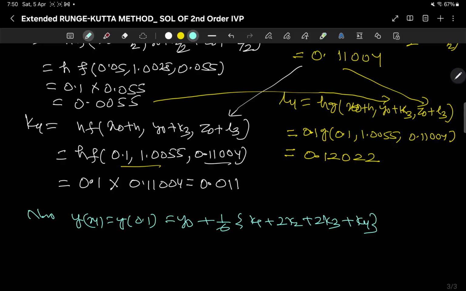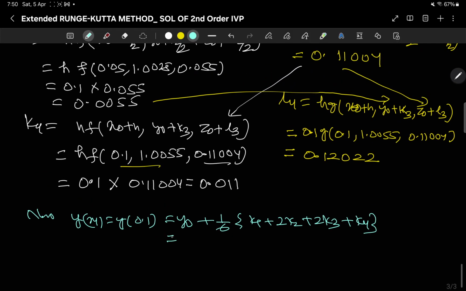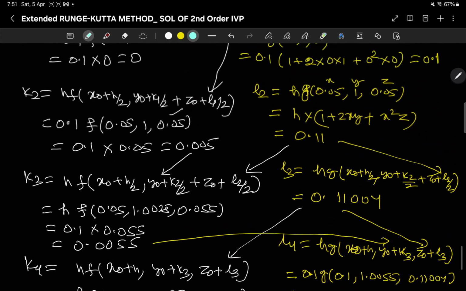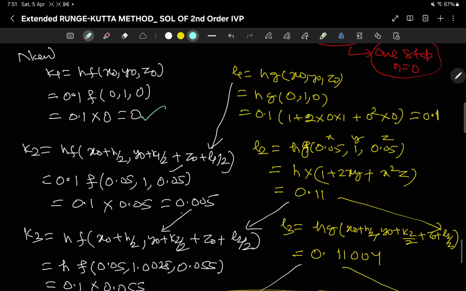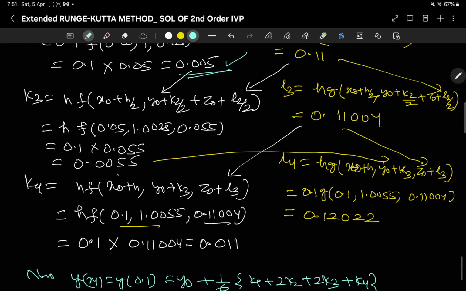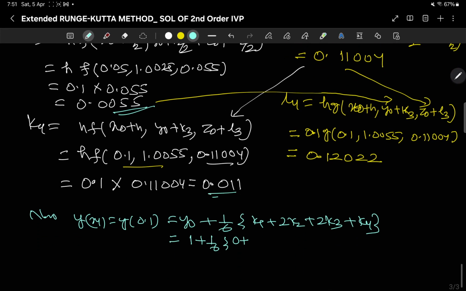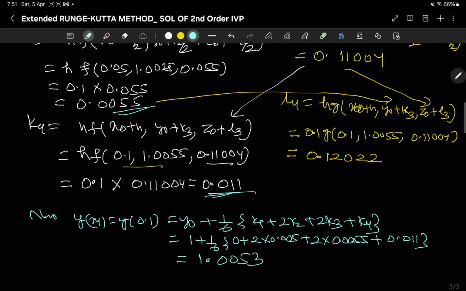Okay, so if I substitute all the values, k1 is 0, k2 is 0.005, k3 is 0.0055, k4 is 0.011, so it will be 1 by 6 (0 plus 2 into 0.005 plus 2 into 0.0055 plus 0.011). So this will be equal to my 1.0053.